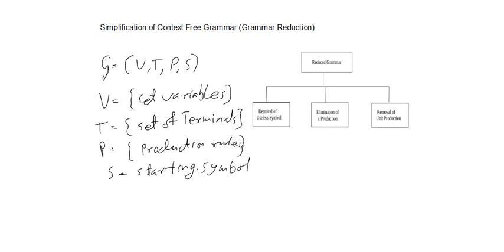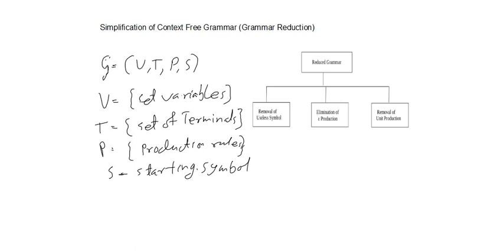Why am I introducing these basic things again? To understand and identify useless symbols, unit productions as well as null productions, we require these basic ideas. All the productions are obtained from the variable symbols or non-terminals.